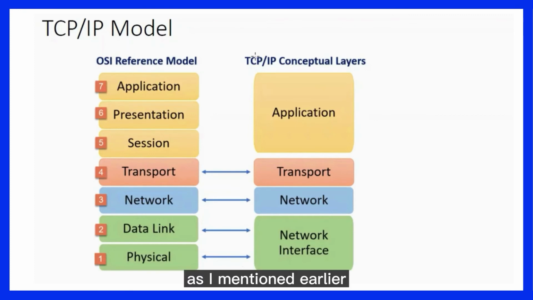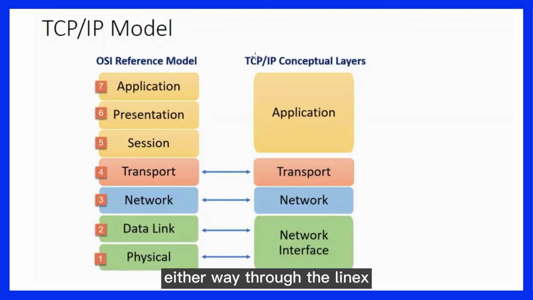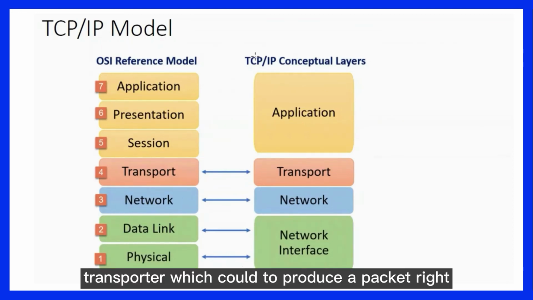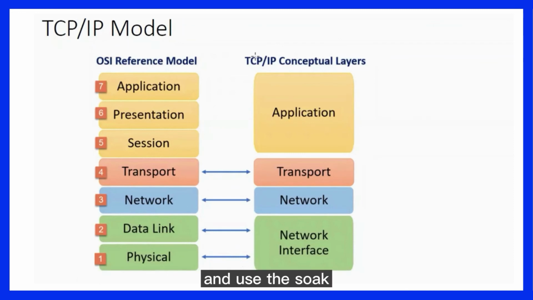As I mentioned earlier, you can use Python or C programming from either Windows or Linux to directly connect to the transport layer and produce a packet, using a socket.